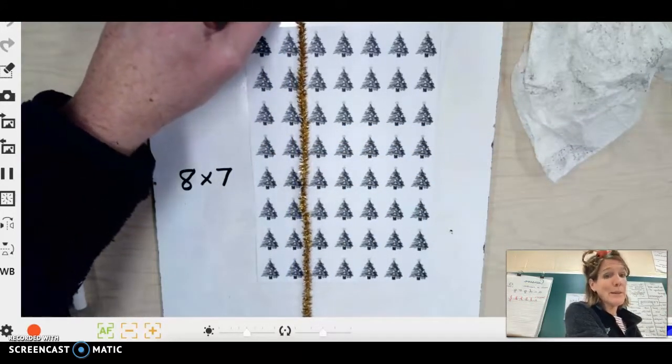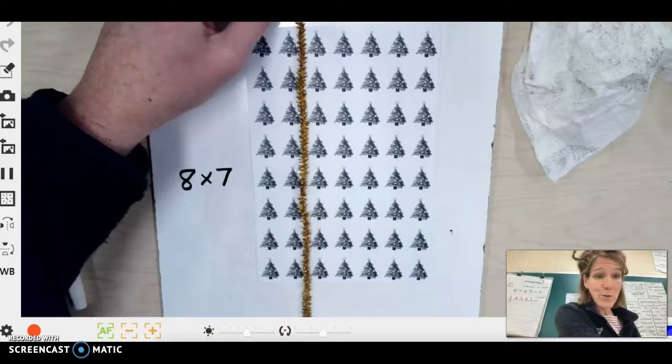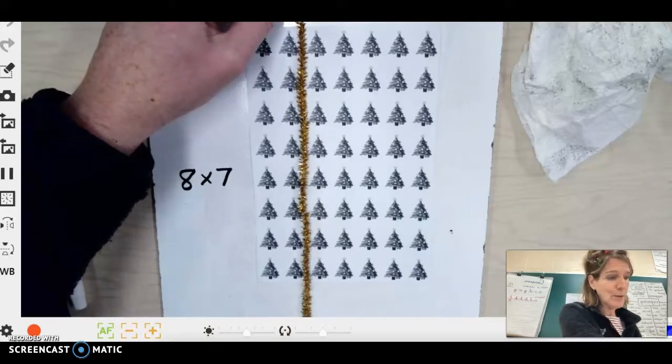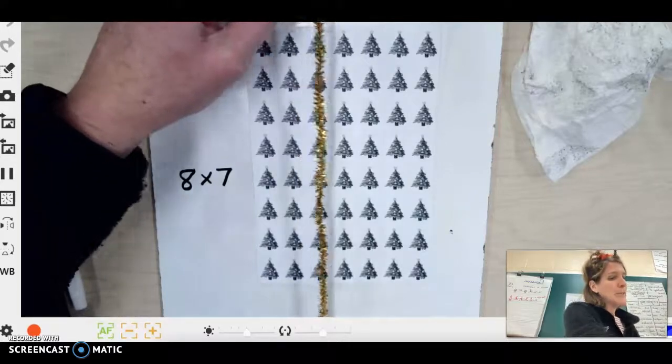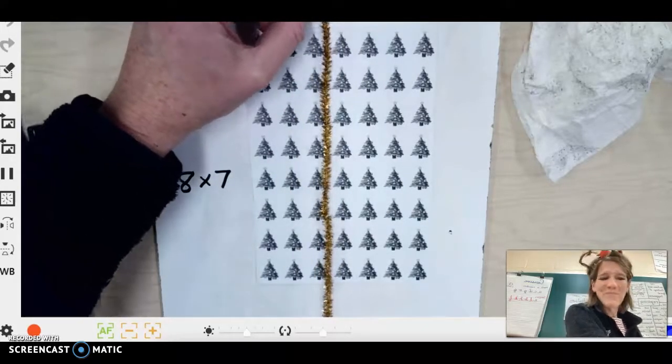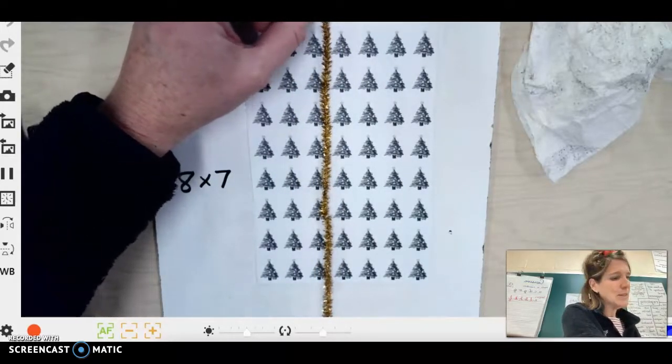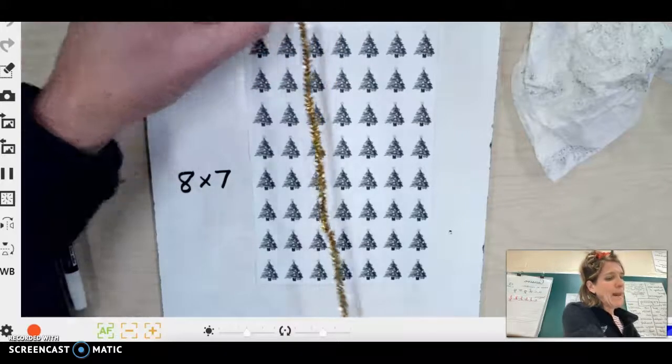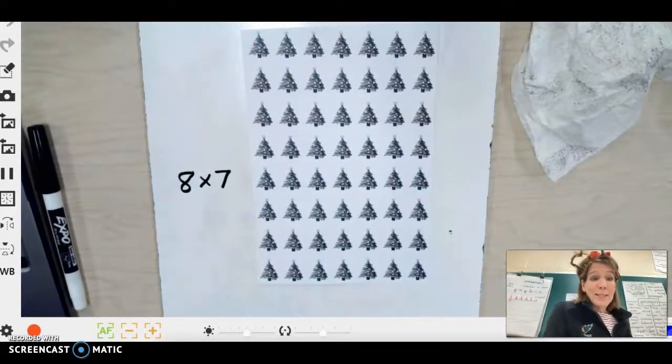That's always a good way to break 7s because you know your 5s and you know your 2s. It's real simple. So 7s are usually easy to break into 2 and 5. 3 and 4, yeah, those aren't as easy, I don't think, do you? So we can choose. Again, there are so many different ways to break this apart to show the distributive property, but we're only going to do one together.